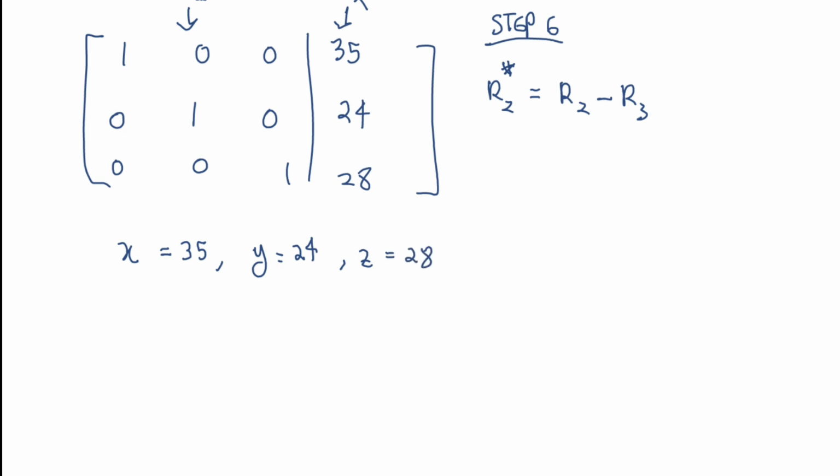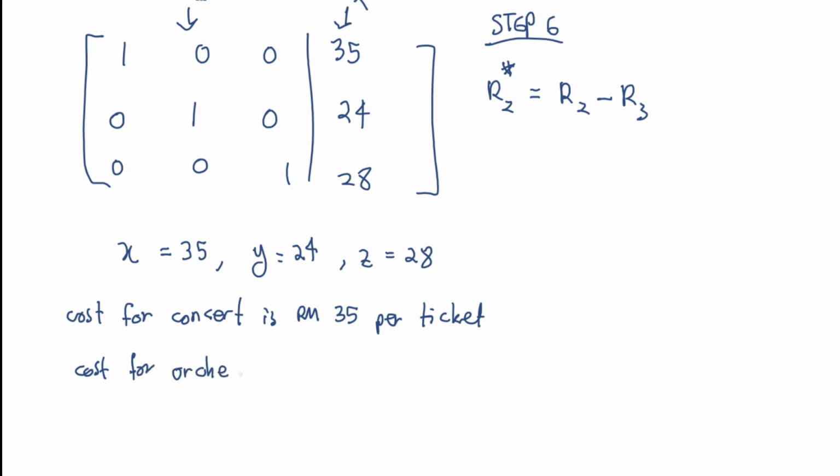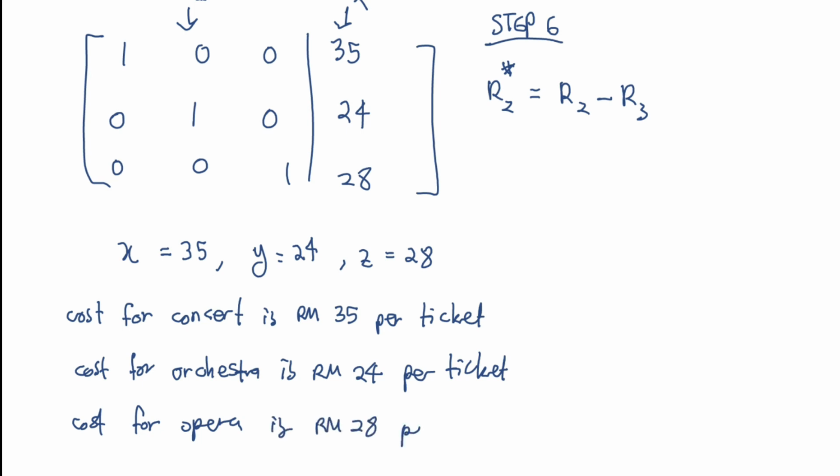The conclusion here is the cost for concert is RM35 per ticket. Cost for orchestra is RM24 per ticket. And lastly, cost for opera is RM28 per ticket.